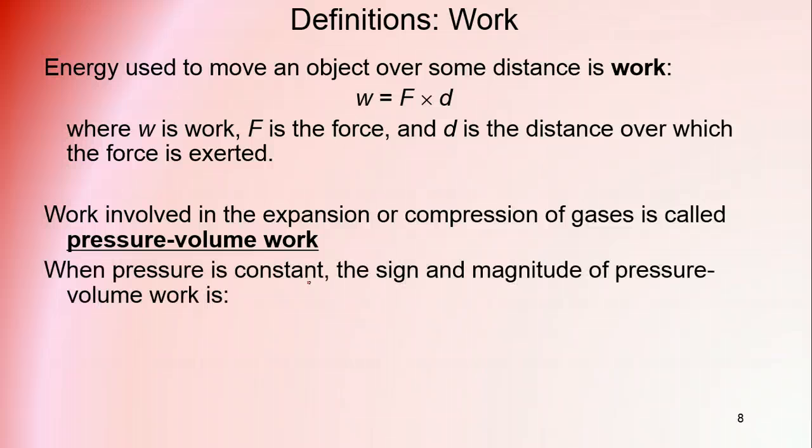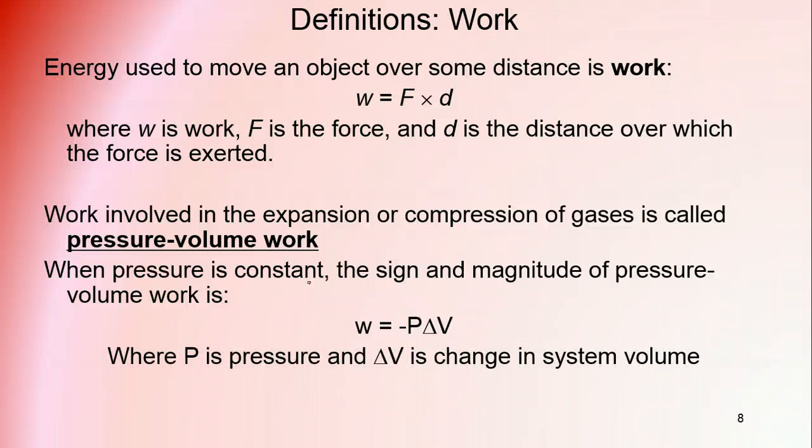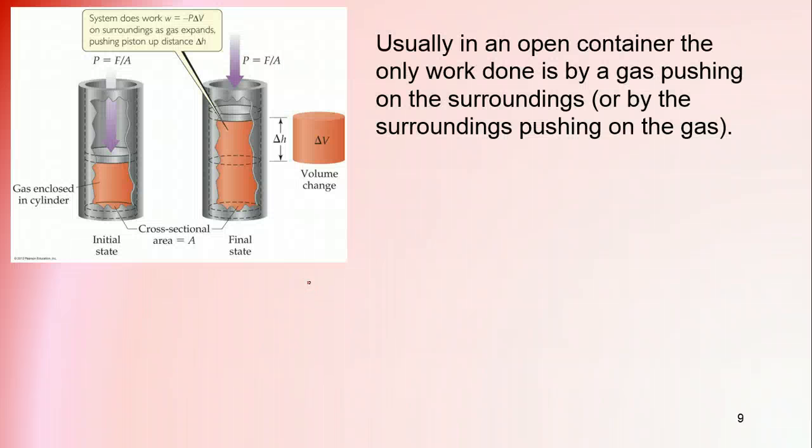When the pressure is constant, the sign and magnitude of the pressure volume work is w = -PΔV. Notice the negative in front of the PΔV, with ΔV being the change in system volume and P being the pressure. If we take a look at a depiction of this, it'll make a little more sense why we have that sign convention.